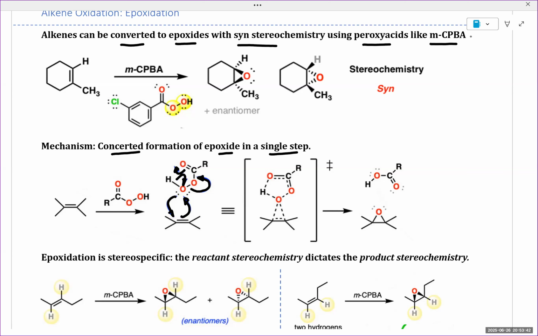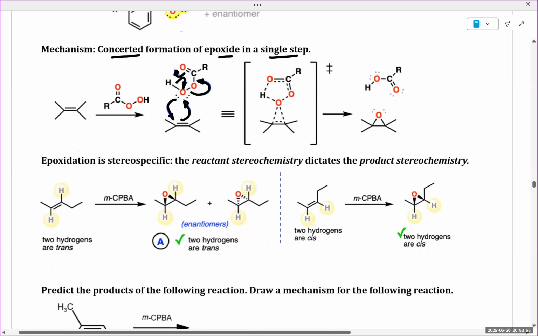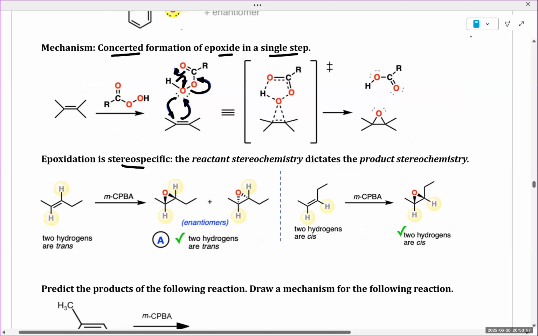Here's what the transition state looks like. And net, we install the epoxide in a concerted manner on a single face of the alkene. Now, epoxidation is stereospecific, where the reactant stereochemistry dictates the product stereochemistry.